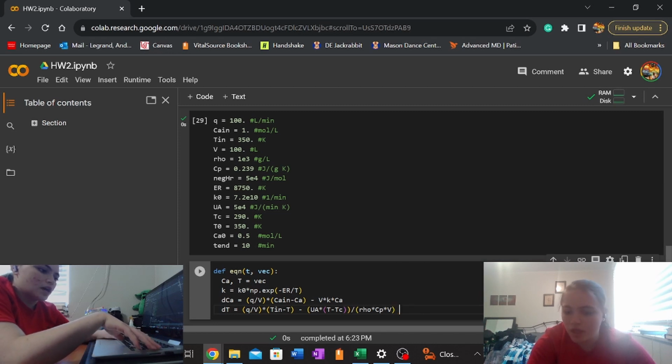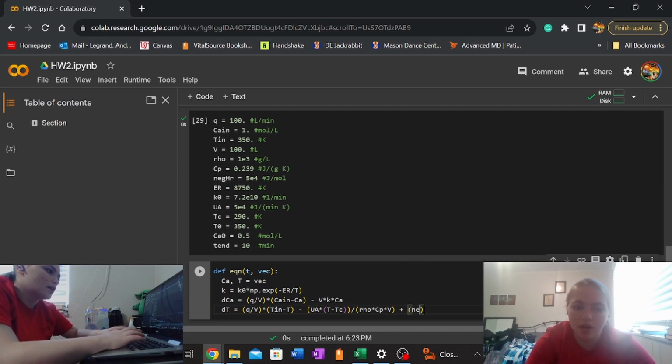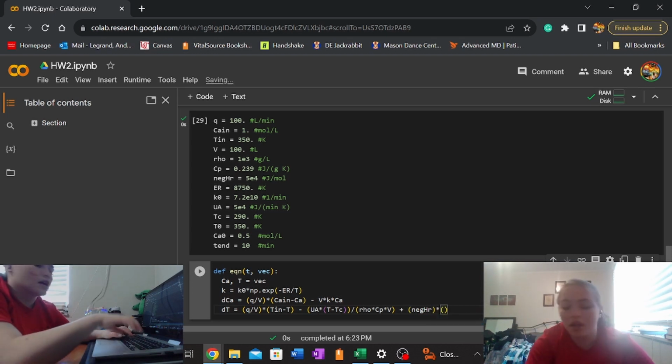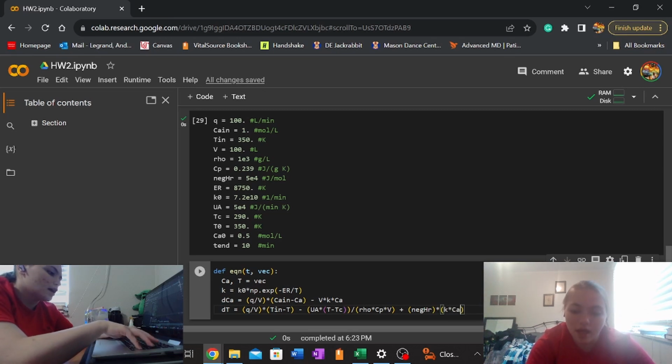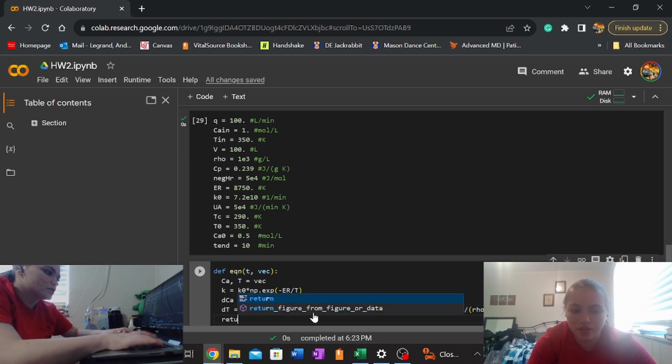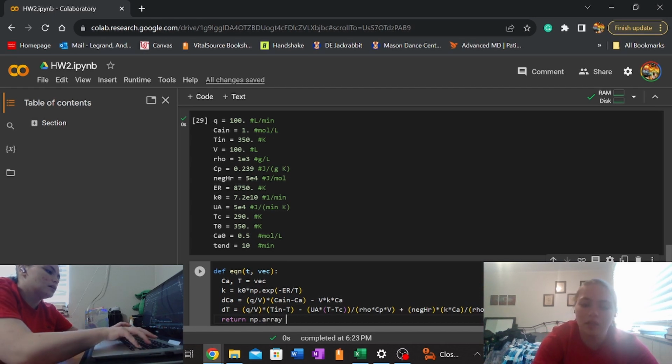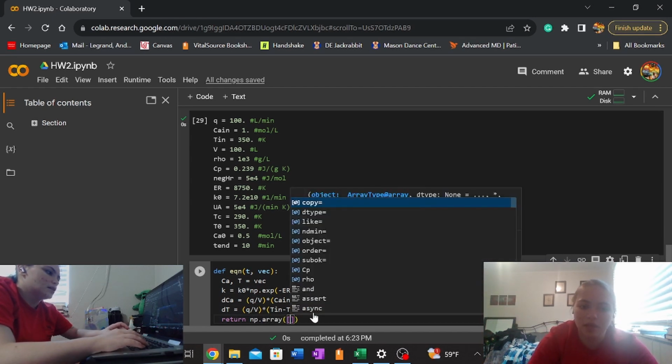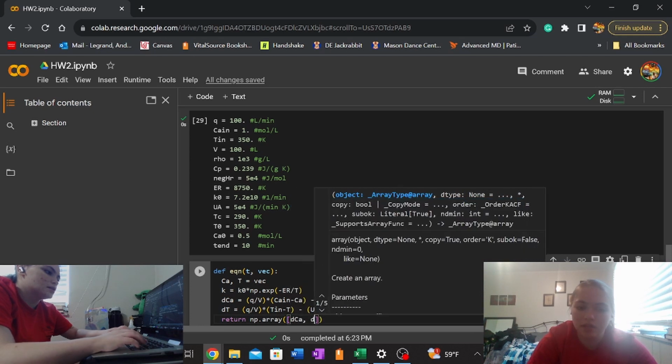And then we have plus our negative HR times KCA divided by what was left, which was our rho and our specific heat, because our volume got canceled. Okay, and so we're going to return np.array, and that's going to be dCA and dT.